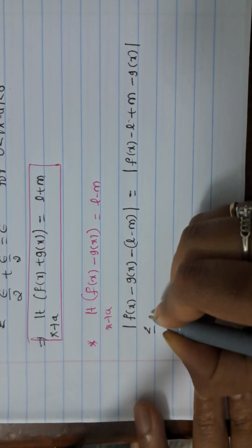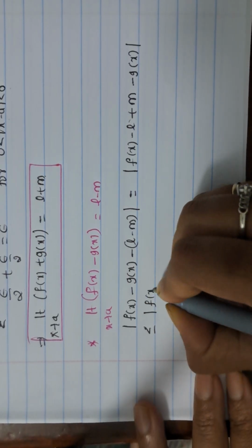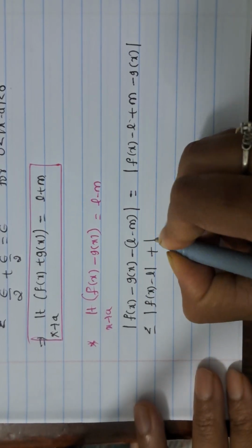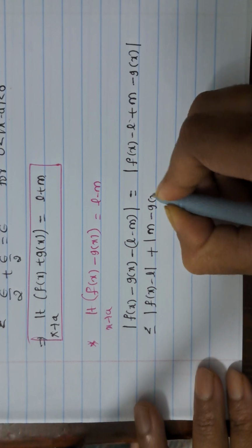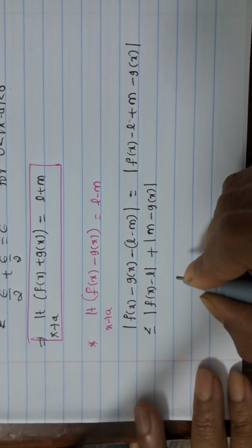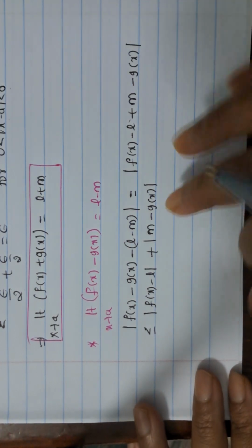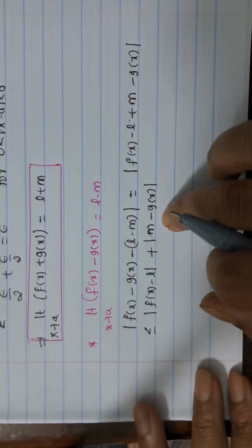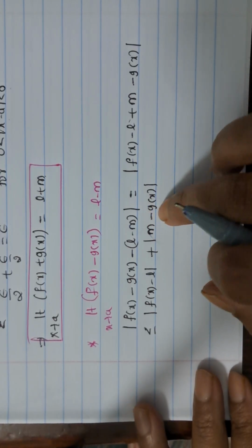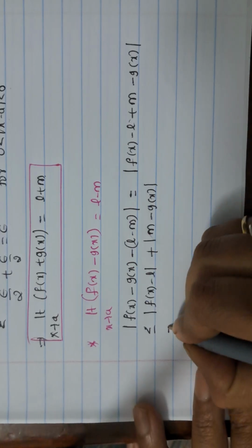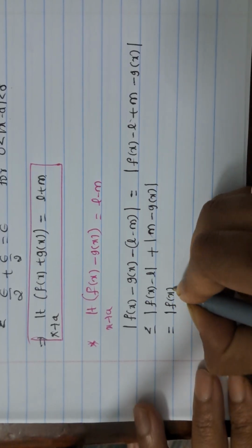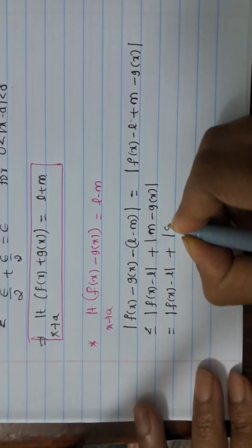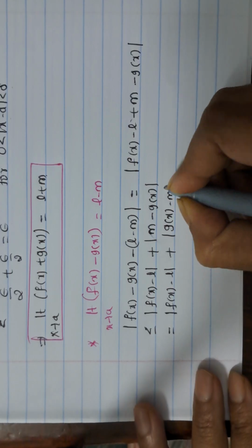So this will be less than or equal to modulus of f of x minus L plus modulus of m minus g of x. As you know, in the modulus, whether the quantity is positive or negative, it will always be positive. So hence I can write this as modulus of f of x minus L plus modulus of g of x minus m.